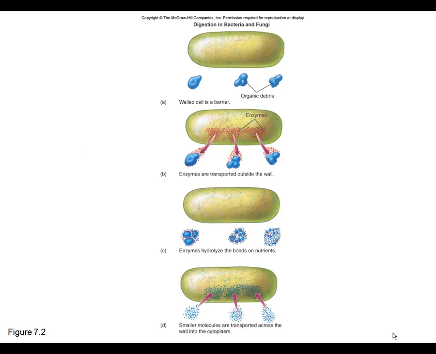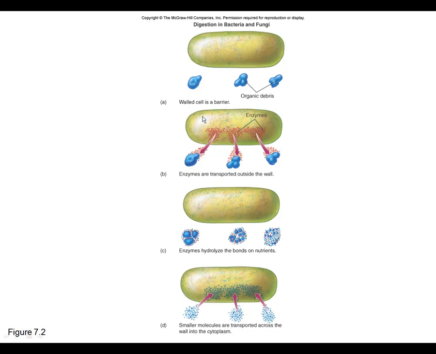Here you can see the digestion by bacteria and fungi and what they do as saprophytic organisms. In our first picture, you've got a bacterium, and you've got this organic debris, whatever it might be, proteins, carbohydrates, whatever. But they can't be consumed or transported across the membrane.